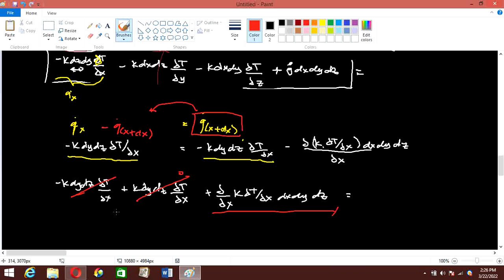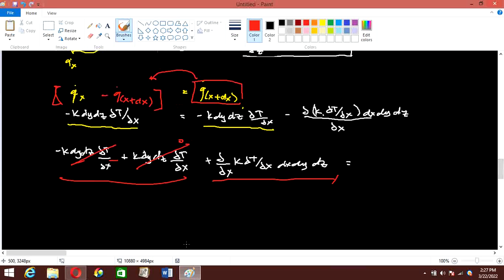Because we can cancel out these two parts here. Okay, so having this expression, the q entering minus the q leaving, or the delta q, we can only have these remaining expressions.